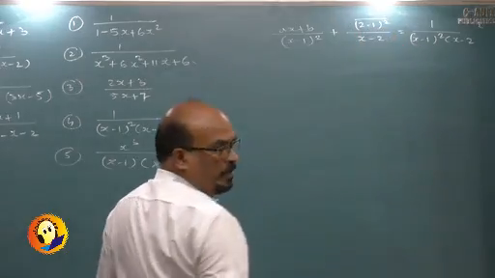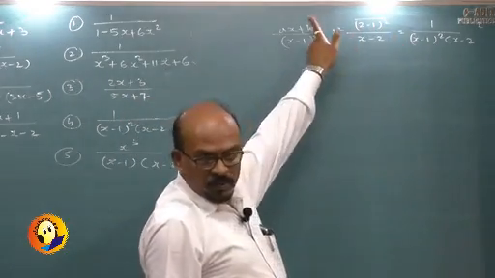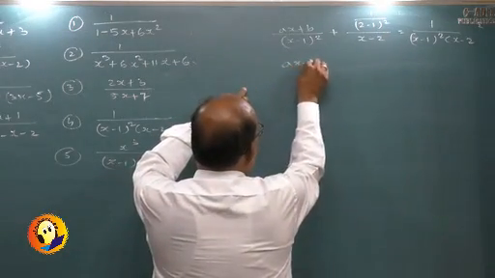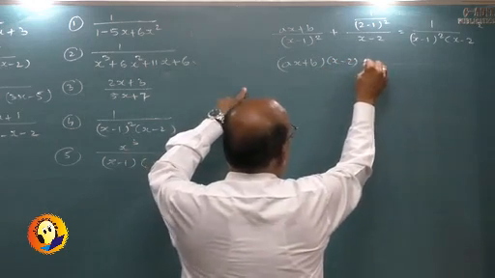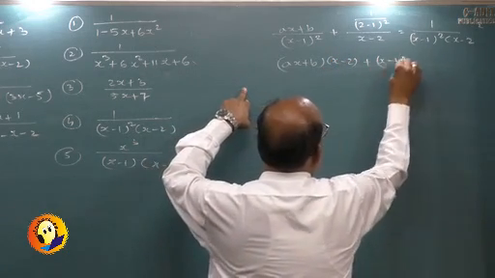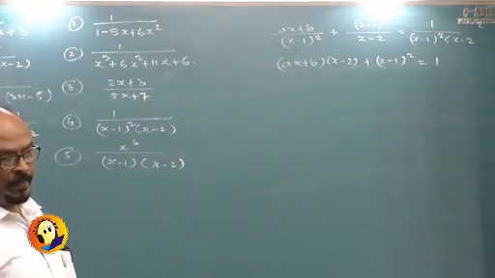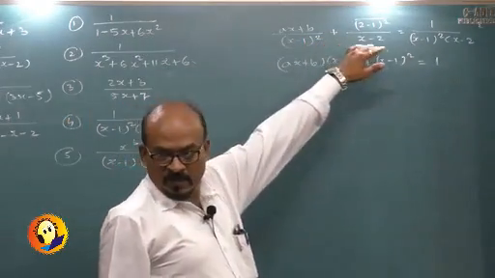So this comes out to be 1. Now when you cross multiply, if you take LCM, the numerators should match. So it becomes ax plus b into x minus 2 plus x minus 1 bracket square equal to 1. I am just equating the numerators. If you take LCM, denominator is obviously the same.